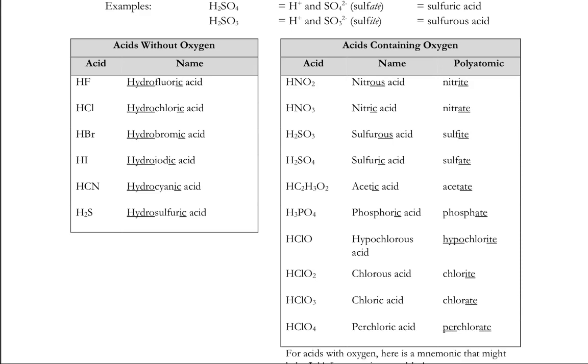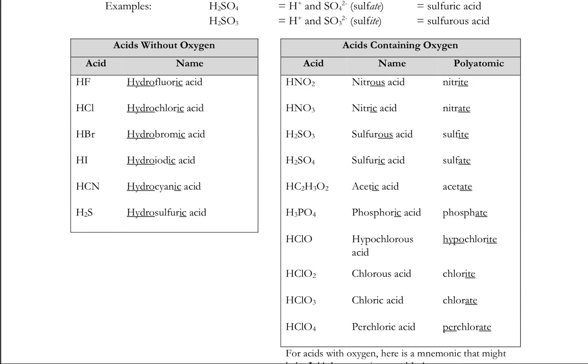Now, when we have the ite anion, then when we name it as an acid, we end it with ous acid. So we take the root name, nitr, and then we end it ous acid. HNO3 comes from nitrate, and when we have an ate anion, we have the name ending for the acid, ic acid. So we have the root there, nitr, and then ic acid.